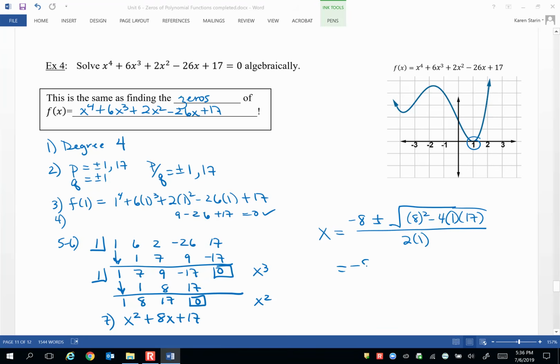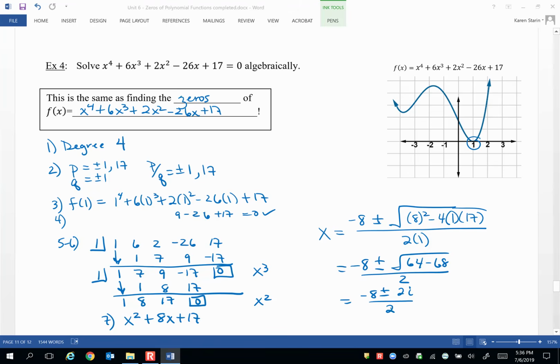So that's going to be negative 8 plus or minus the square root of 64 minus 68, all over 2. And then we'll clean this up a little bit. This will be negative 8 plus or minus the square root of, 64 minus 68 is negative 4, so the square root of negative 4. So it's going to be 2i, all over 2.